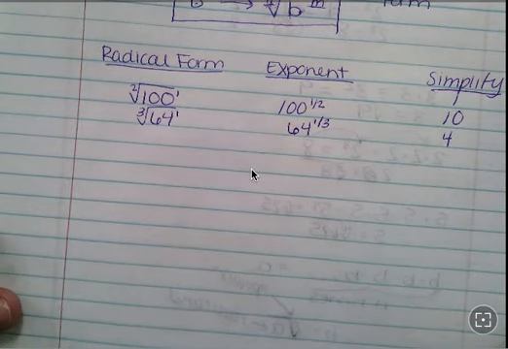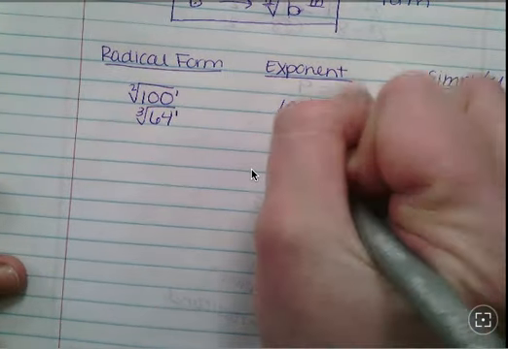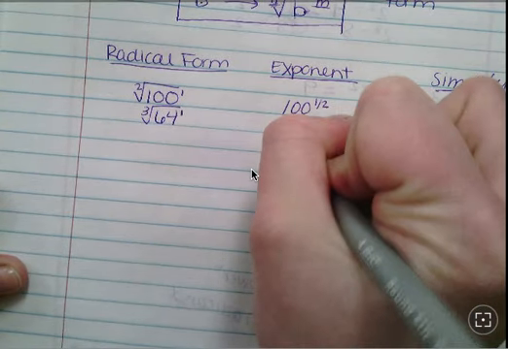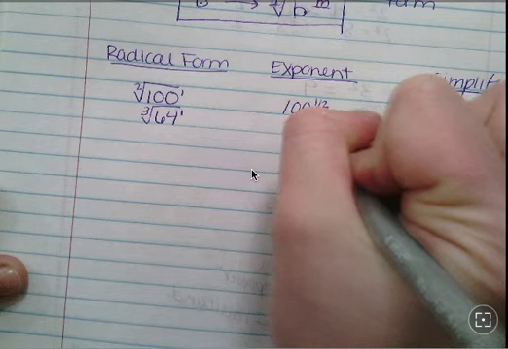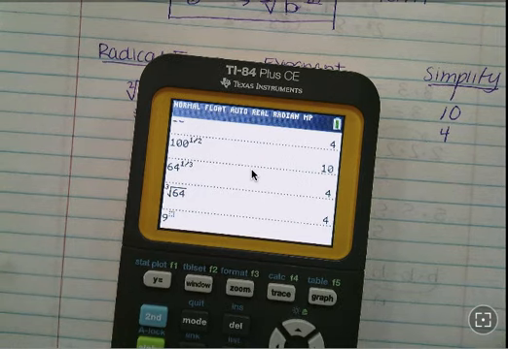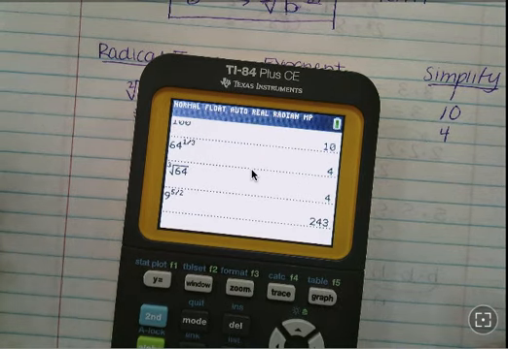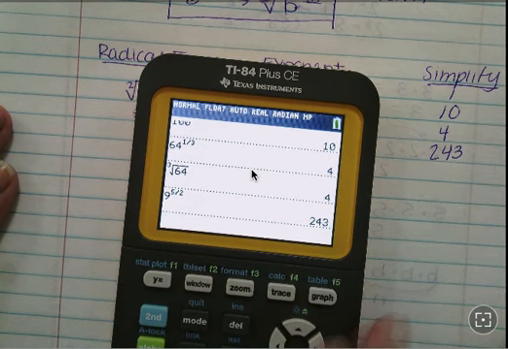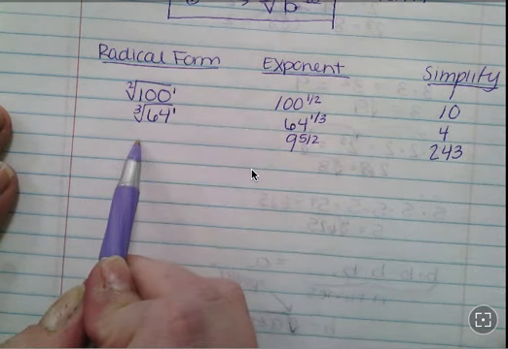All right, I'm going to give you something in exponent form this time. If I gave you 9 to the 5/2, okay? So we could plug it in first if we wanted to. 9 to the 5/2 is 243, okay? And now let's put it in radical form.